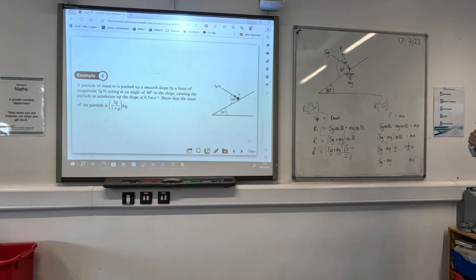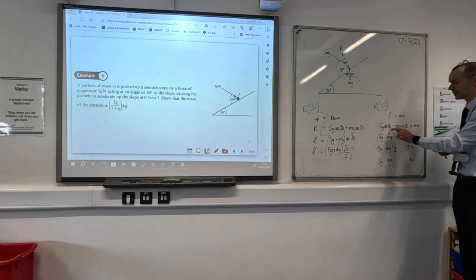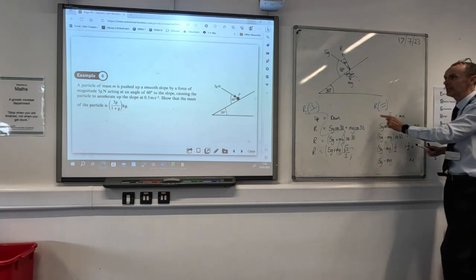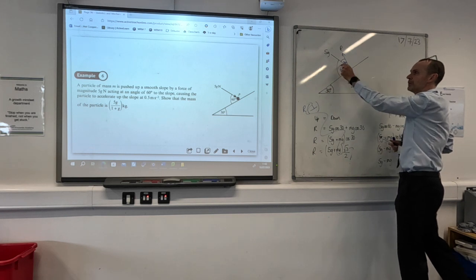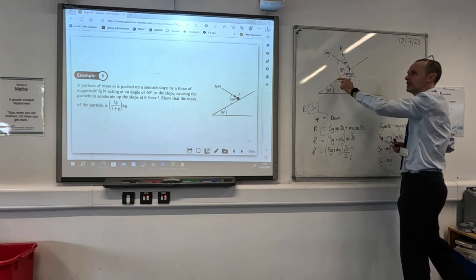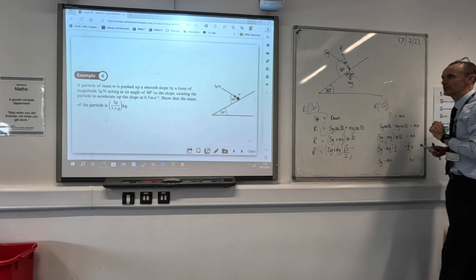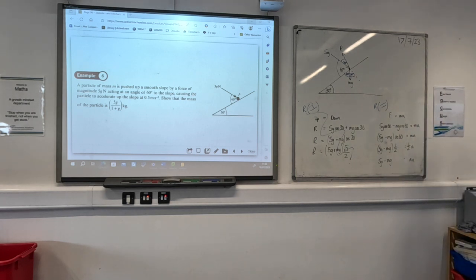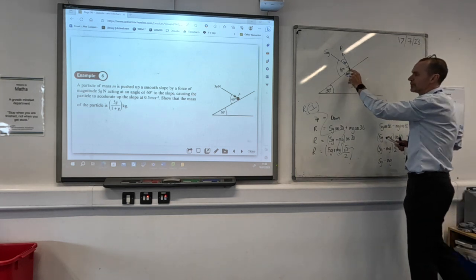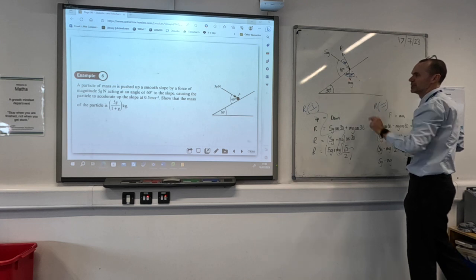And because I'm not very good with negatives, I say, right, which way is it accelerating? It's being pushed up the slope. So that's why, for my forces, I've done the force pushing it up, which is the up component of that force, the force times the cos of the angle between the component and the direction, take away the down component of this force, which is mg cos 60.